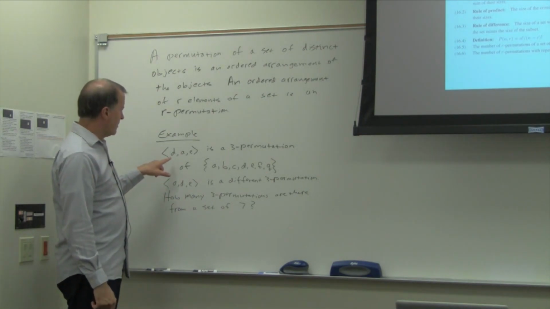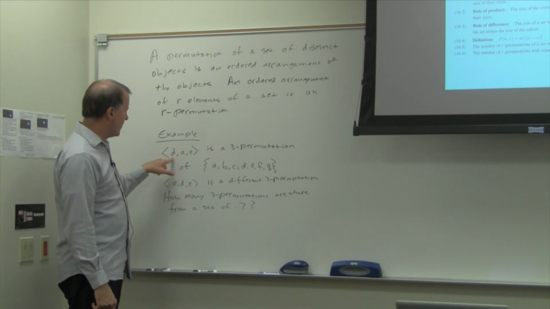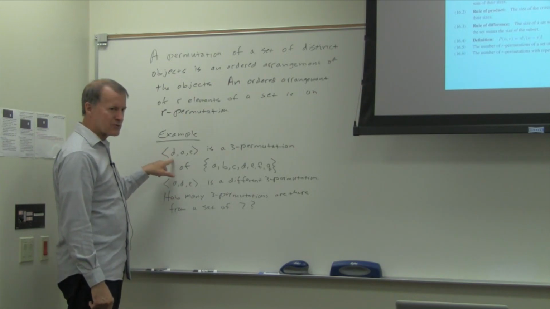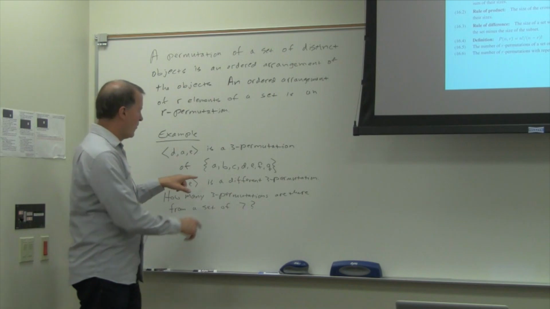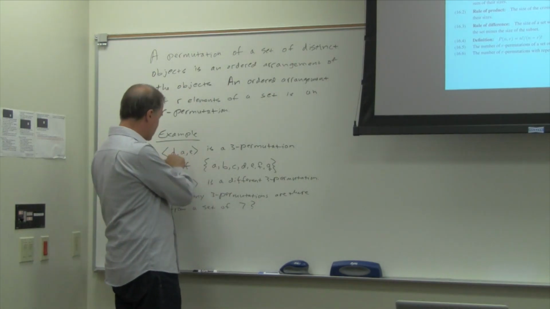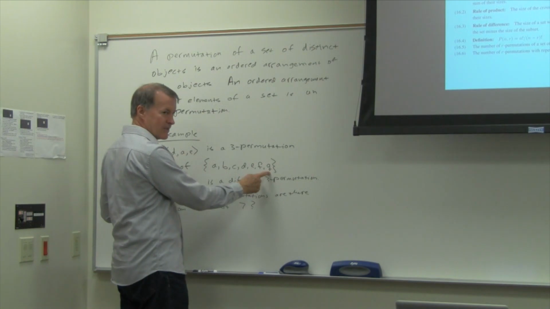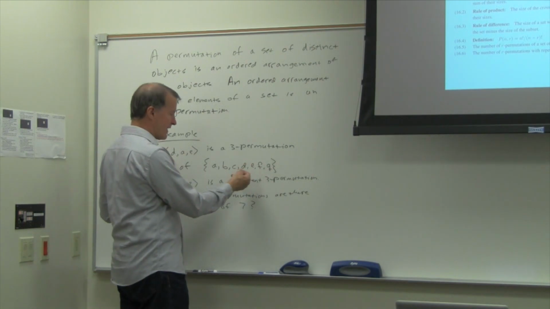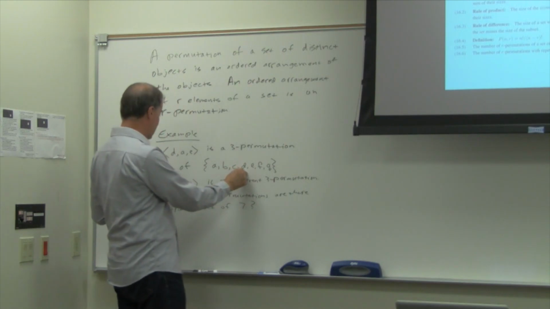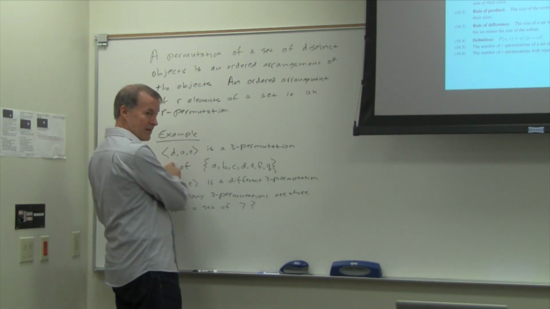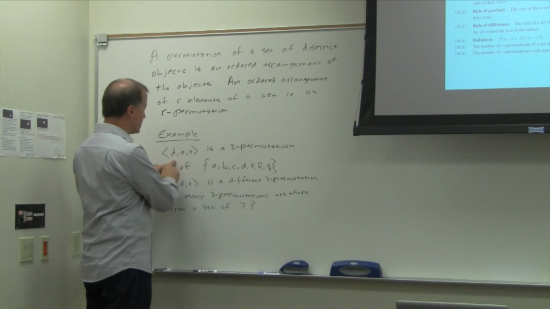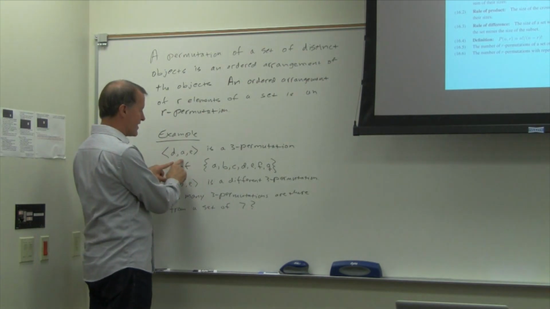Well, first of all, how many ways are there to pick the first one? 7. The first one could either be A, B, C, D, E, F, or G, right? So let's assume that we pick D for the first one. But then once we pick the first one, how many ways are there to pick the second one? 6.